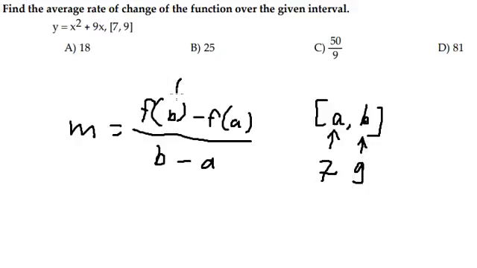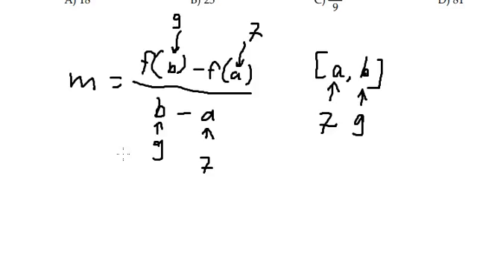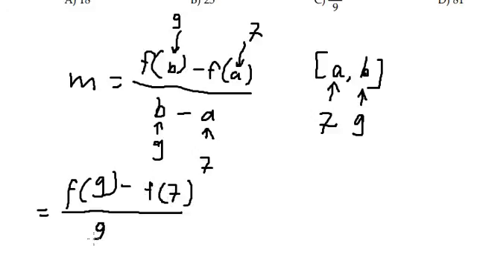So that means we can put number 9 in here, number 7 in here, and we put number 9 in here, number 7 in here. So we will have about f of 9 minus f of 7 over 9 minus 7.